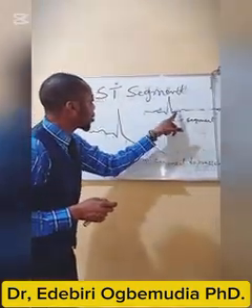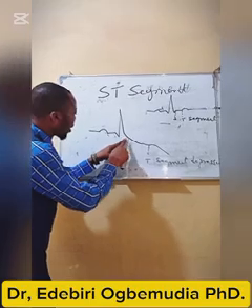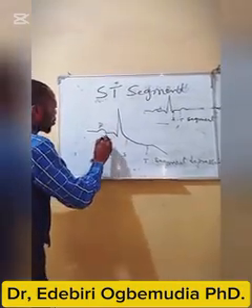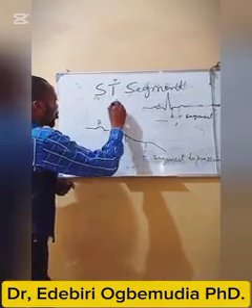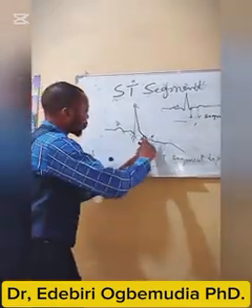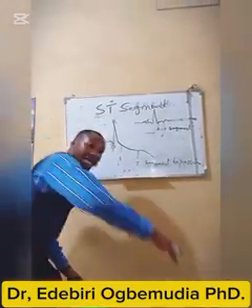It's isoelectric, it's a straight line. But if you look at this very one, this is P, this is Q, this is R, this is S, and this is T. You can see the ST is depressed, like a lake.